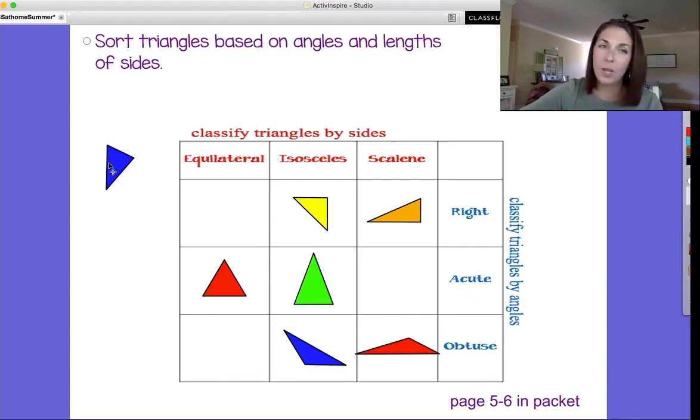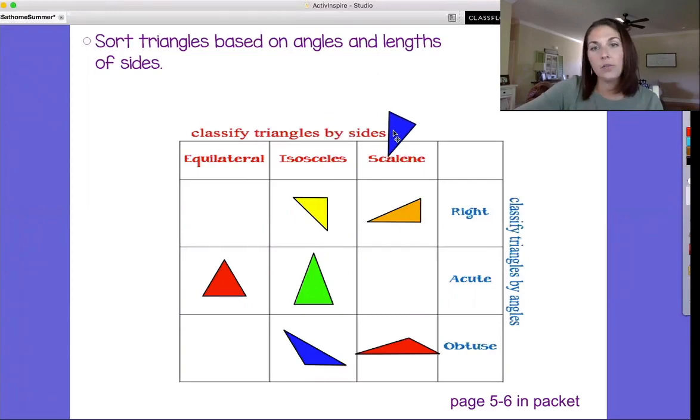These are close, but they're not the same length. So I'm going to place that into scalene. And when I look at the angles in this triangle, I see 1, 2, 3 acute angles. And remember, to be classified as an acute triangle, you must have all 3 acute angles. So I'm going to place that into scalene and acute.